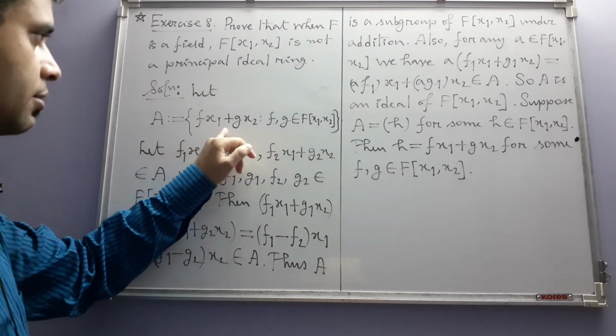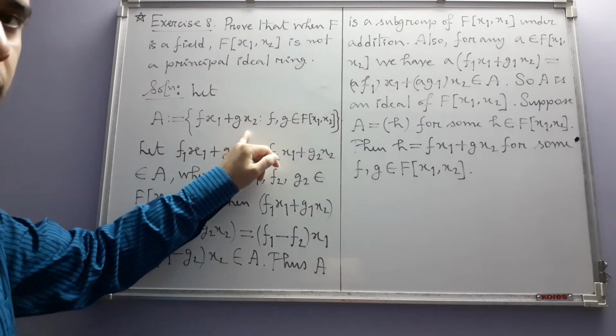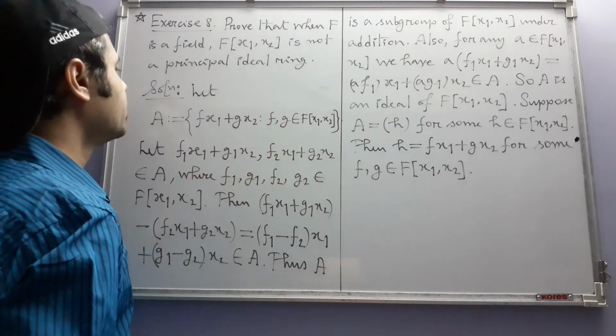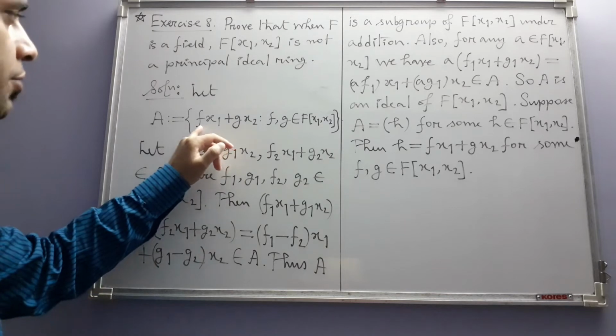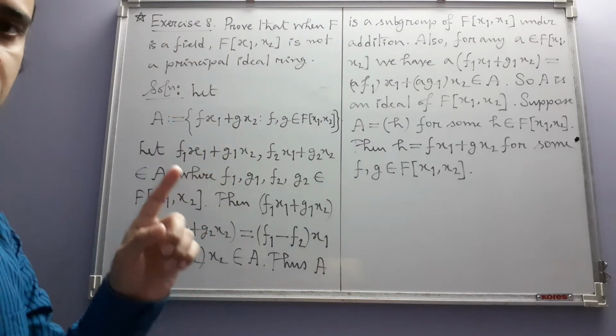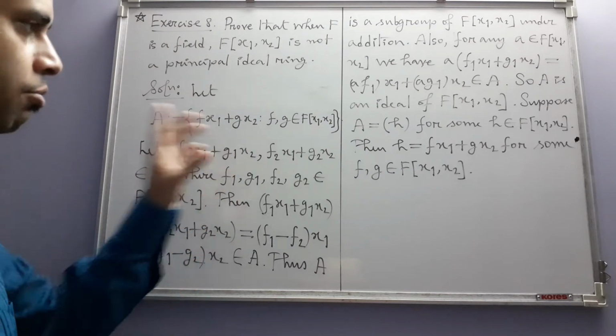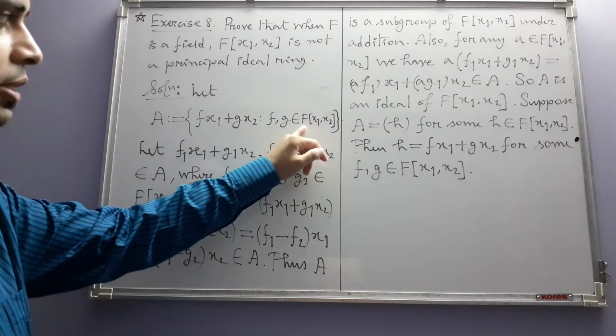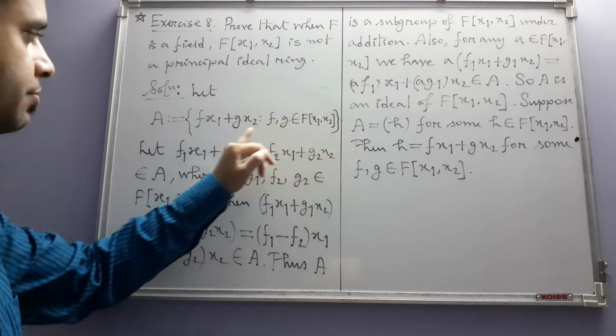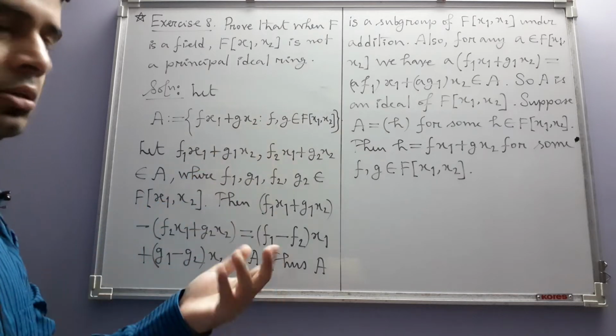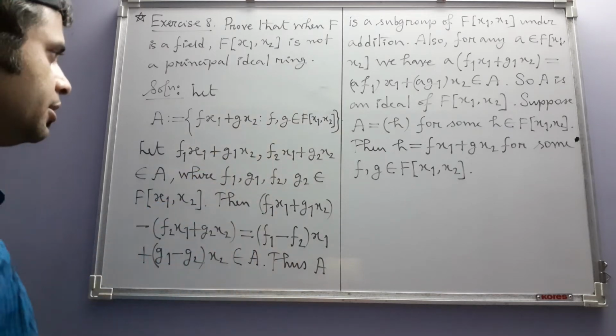Now let's look at the elements of A. Elements of A are linear combinations of x1 and x2. In particular, if we take f to be the constant polynomial 1, where 1 is the unit element in F, and g to be the 0 polynomial, then we get x1.